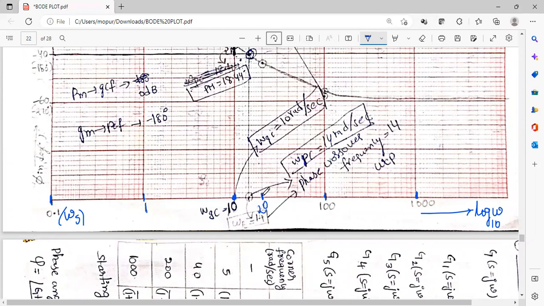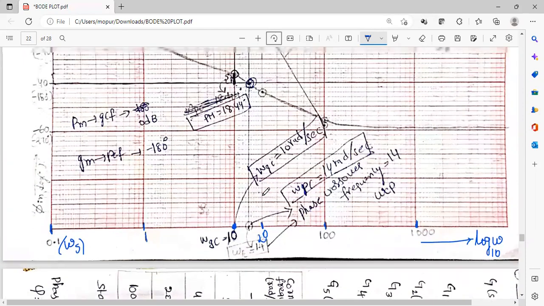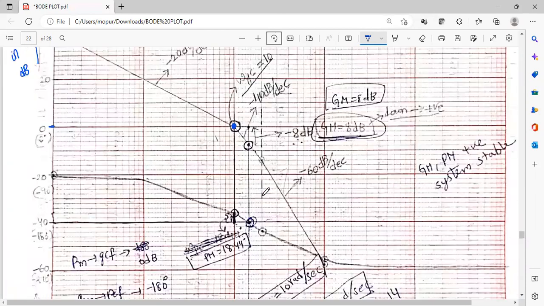So at 20, what is the magnitude in decibel? We got minus 12. I have taken the x-axis scale and the y-axis scale. This is 0, this is minus 20, so this will be minus 10, and this will be minus 12.